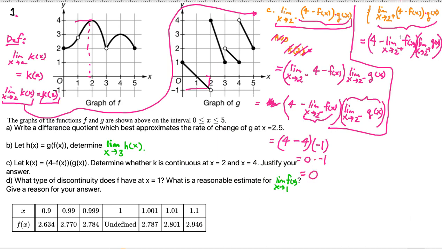Now let's check out the right-hand limit. As I get closer and closer to 2 from the right of f of x, I need to investigate this one, it is going to be, well, again, 4. So it's 4 minus 4.